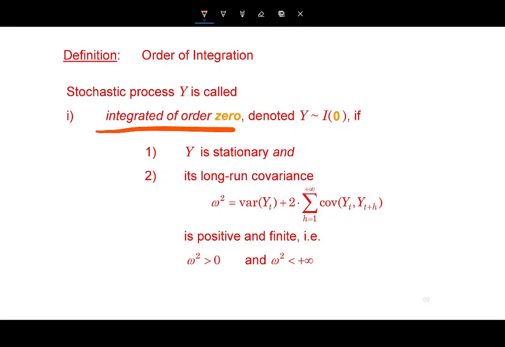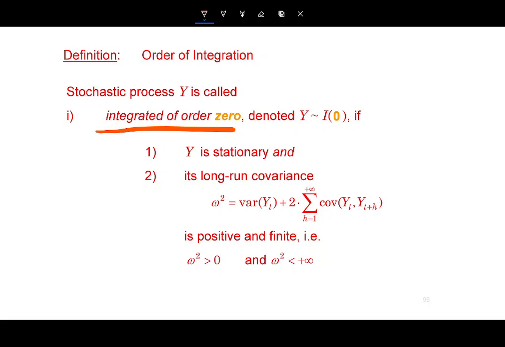So keep in mind, guys, that every process which is integrated of order 0 is stationary, but not every stationary process is integrated of order 0. People tend to use this synonymously, and therefore I wanted to warn you guys that it's not the same.